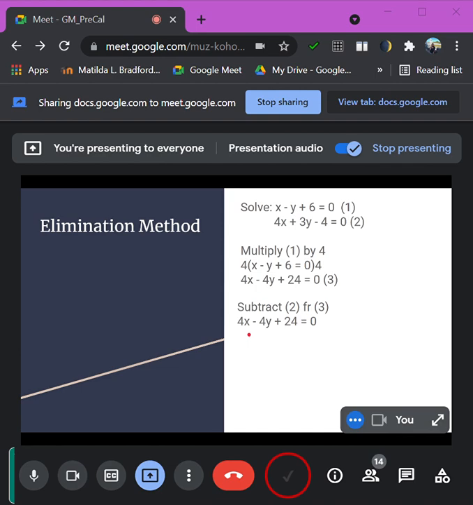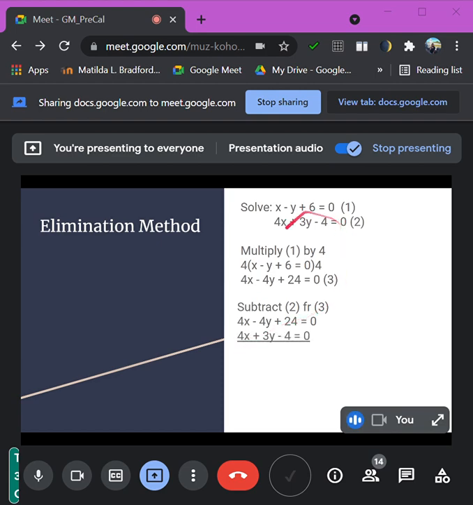So, we have there 4x minus 4y plus 24, kato bag-o nga equation. And then, nag-minus ko sa to ang 4x plus 3y minus 4 is equal to 0. So, inig ka-minus na to, 4x minus 4x, makancel na na siya. So, ari na dayon ta. Negative 4 minus 3.